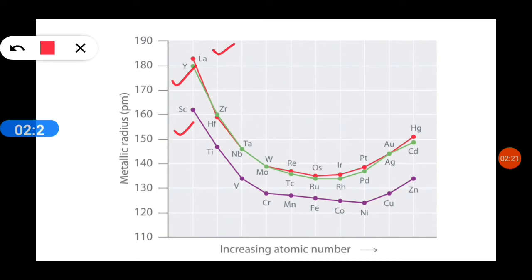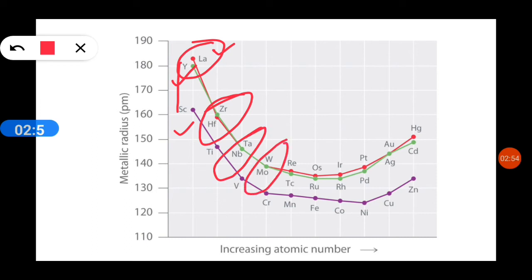Now we can see that the difference in size from 3d to 4d is quite much, but when we see the size difference of 4d and 5d series, you can see the difference is not much between yttrium and lanthanum. And for the next element, that is zirconium and hafnium, the sizes are almost same, also for niobium and tantalum, and also for molybdenum and tungsten.